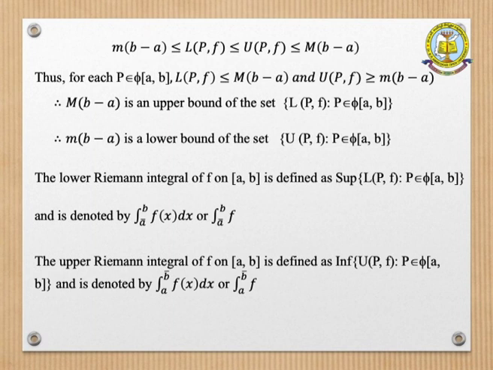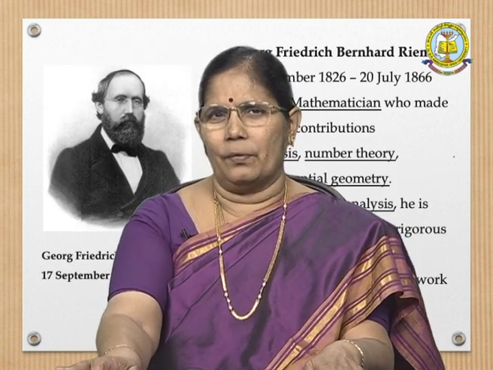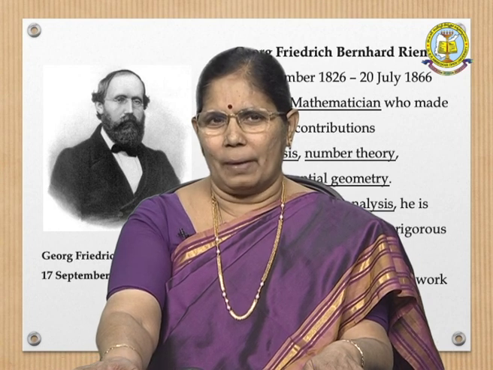So, from this inequality, what does it follow? Your LPF is less than or equal to capital M into b minus a and UPF is greater than or equal to small m into b minus a. What do you mean by that? For every partition P of [a, b], LPF is less than or equal to capital M into b minus a.